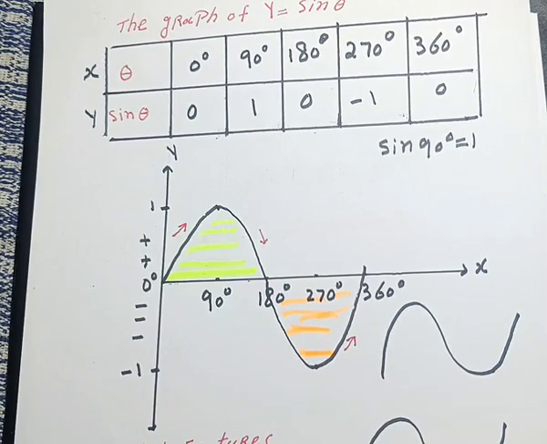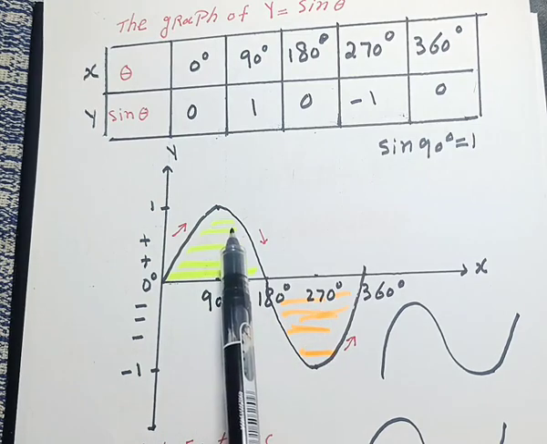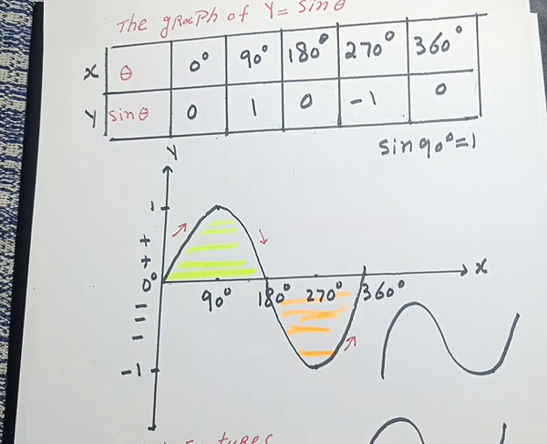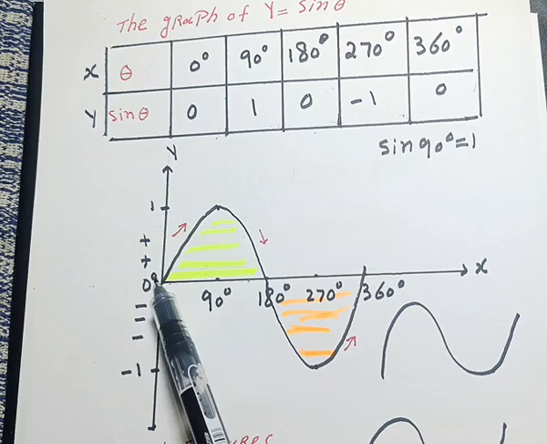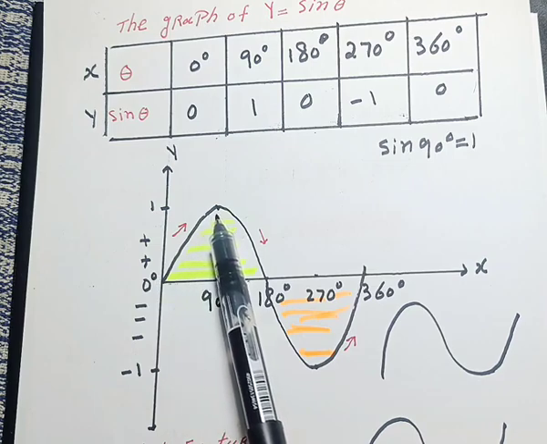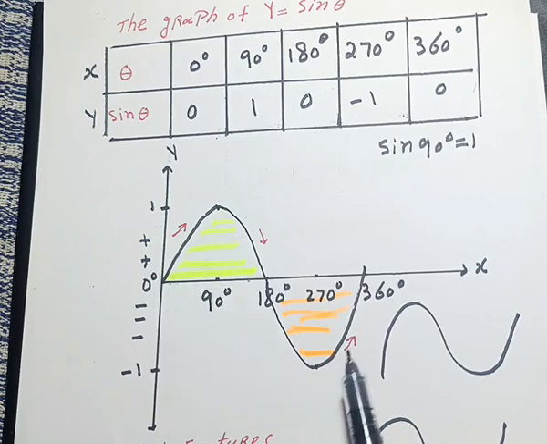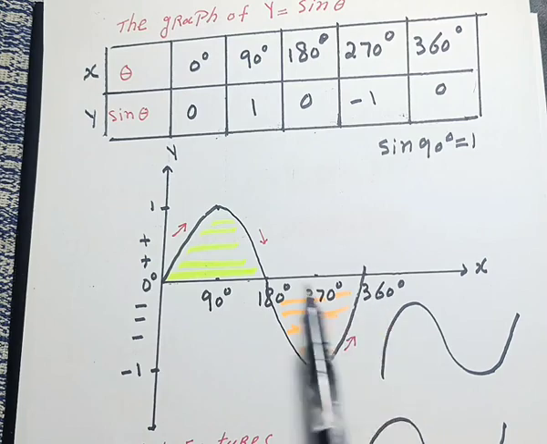So when talking about decreasing, between 90 and 270 degree, the graph is decreasing. Between 0 and 90, the graph increases. Between 270 and 360, the graph increases.